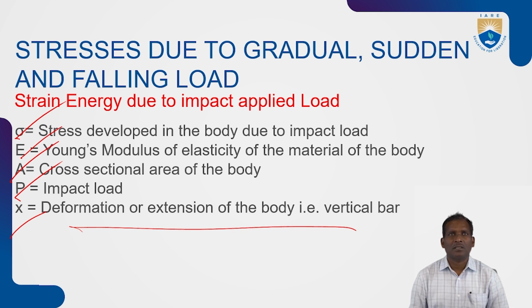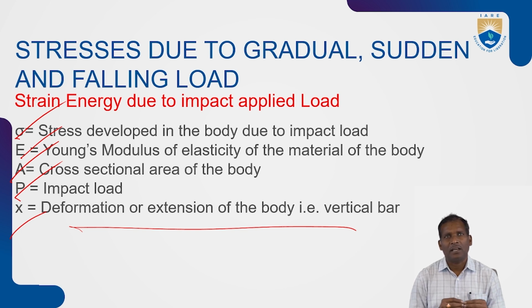So in this session, we have learned how to calculate the stresses when the body is subjected to different types of loads. In previous sessions, we have seen normal load. A uniform body is subjected to normal load, the tensile load or compressive or shear load. How to calculate the stress by using empirical relations we have seen. In this, we have calculated gradual and sudden loads and falling load.